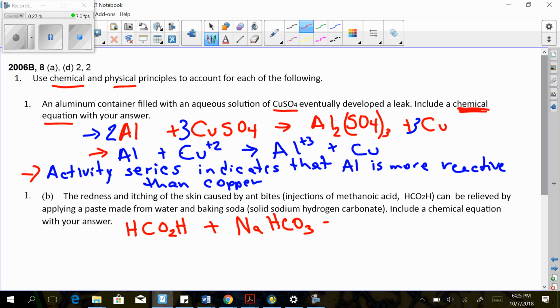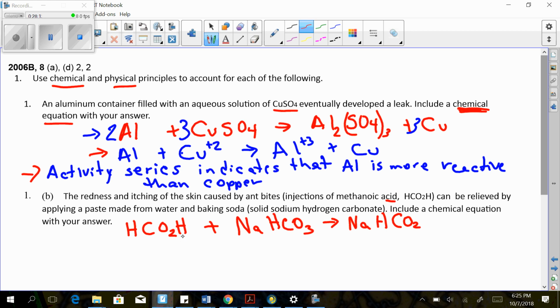And when these two react, this is an acid. In this case, the sodium bicarbonate or sodium hydrogen carbonate will act as a base. And you will have sodium reacting with this methanoic acid. And what's the difference?